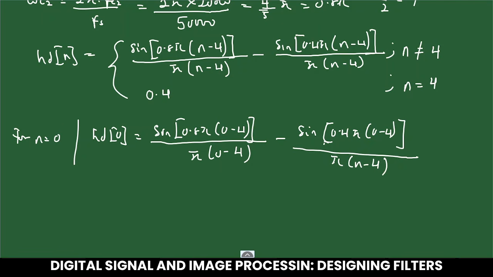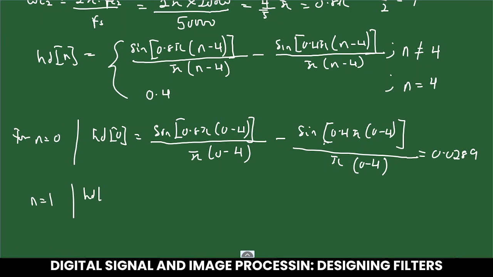Sorry, n is 0. So pi into bracket 0 minus 4. When you punch this on a calculator, you should get 0.0289.